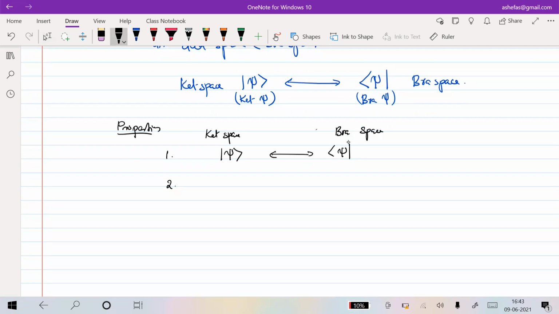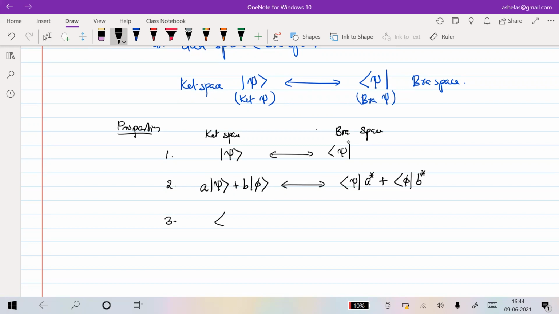Now, if you multiply a scalar with a vector psi, plus another scalar with another vector phi, then correspondingly in Bra space, we can write Bra psi with the complex conjugate of the scalar, plus the Bra phi with the complex conjugate of the other scalar.